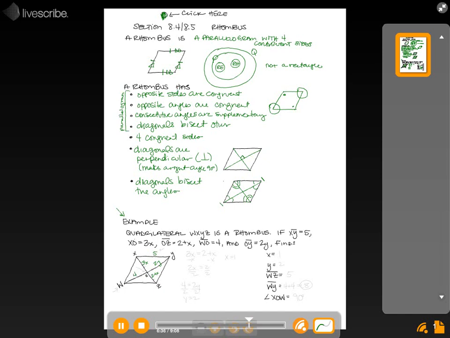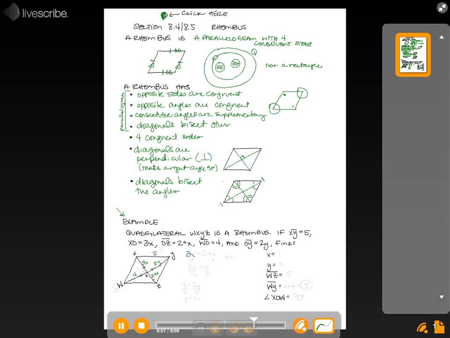Let's start with x. Remember that a rhombus is a parallelogram, so the diagonals bisect each other. That means that these two parts of a diagonal are going to be congruent. Same thing happens with these two. They're congruent also. Okay? And remember, congruent things can be set equal to each other.